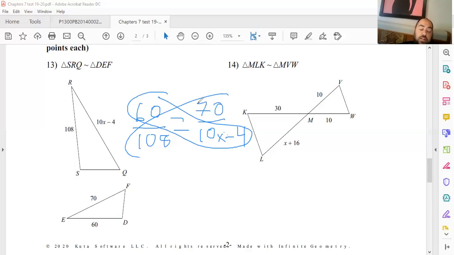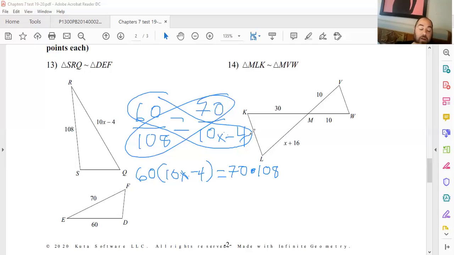So 60 times 10x minus 4 equals 70 times 108. 60 times 10x gives us 600x minus 60 times 4, 240.